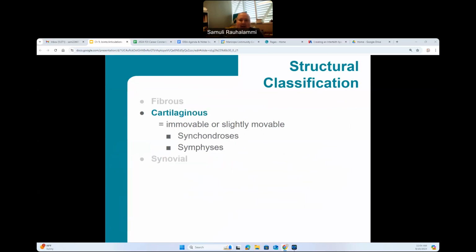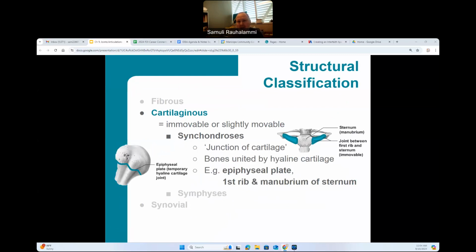Next, the structural classification I want us to spend a little time on is the cartilaginous joints, and there are two main subtypes. Synchondroses are immobile joints, and two examples I provided are the epiphyseal plates of the growing long bones.